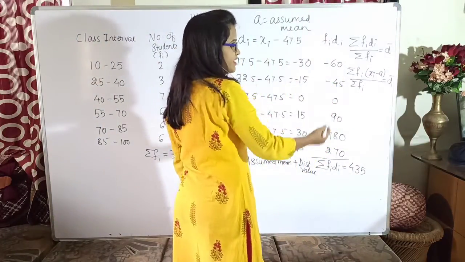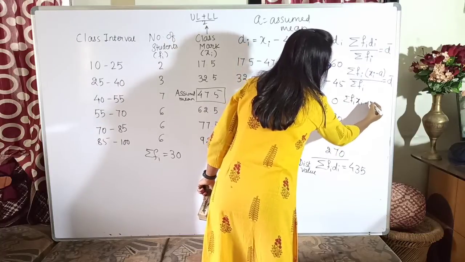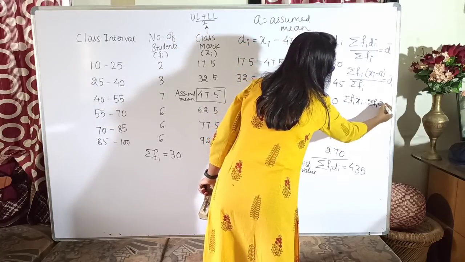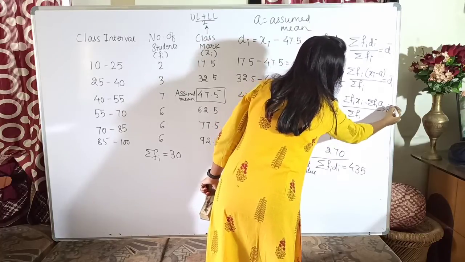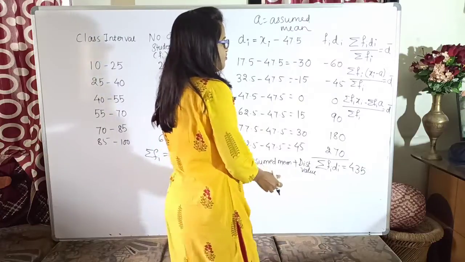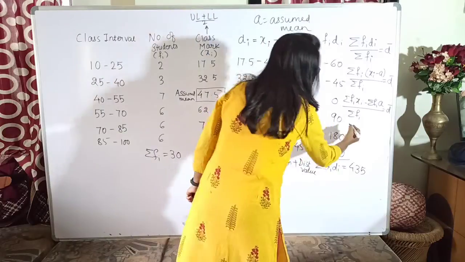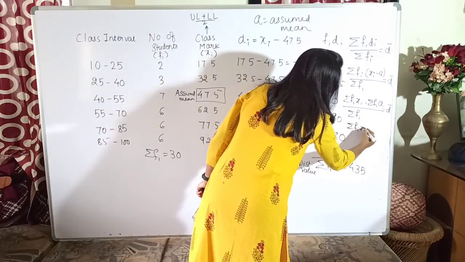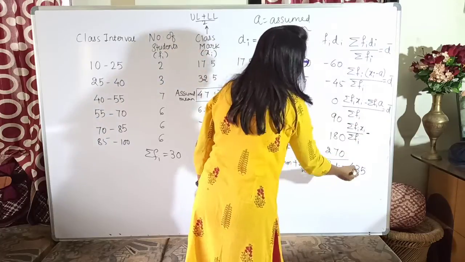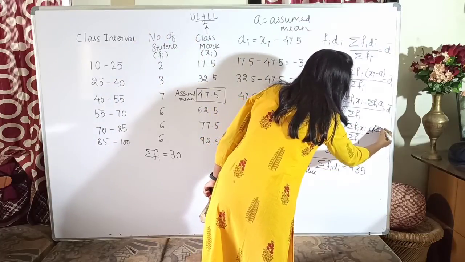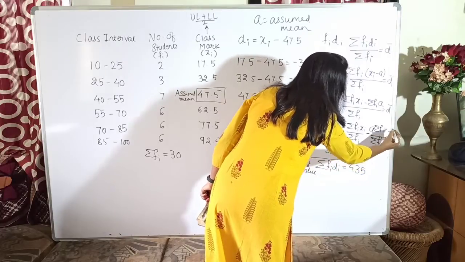Further, separate summation of Fi xi minus summation of Fi a, whole divided by summation of Fi, will give me d bar. Further, let us separate the summation of Fi for the two numerators. So it will be summation of Fi xi divided by summation of Fi minus, since a is constant, I can take a out here, summation of Fi divided by summation of Fi, which will give me d bar.